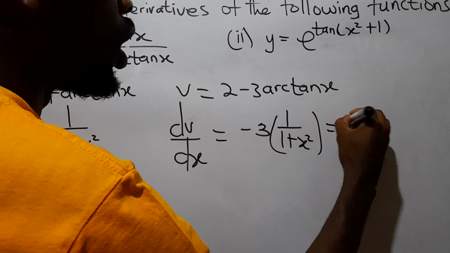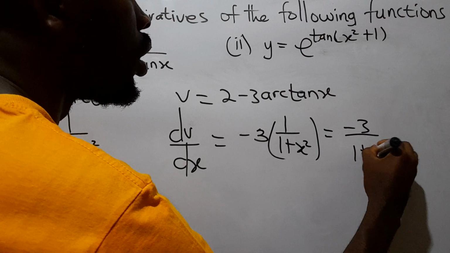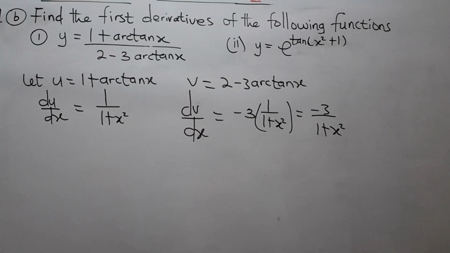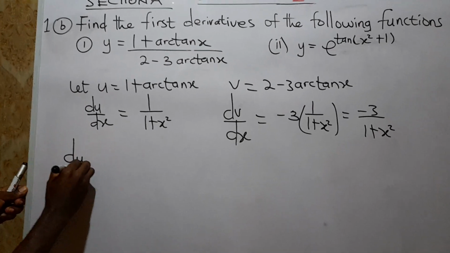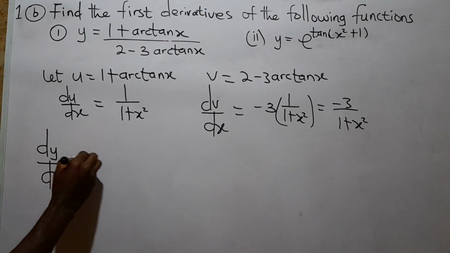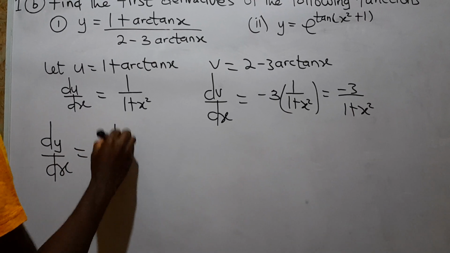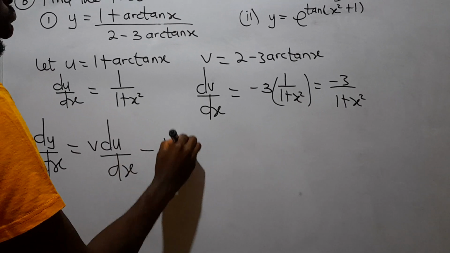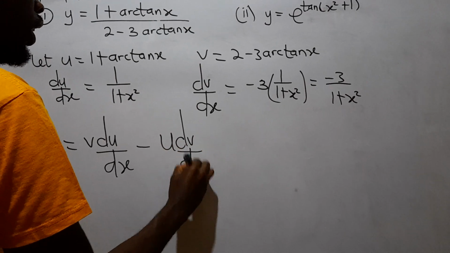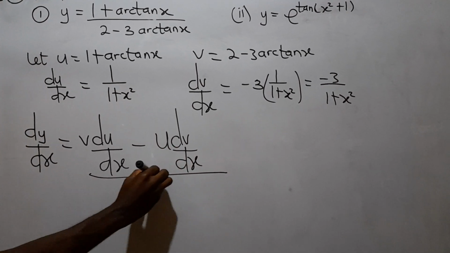When we polish this, we get negative 3 over 1 plus x squared. So from the quotient rule, our dy over dx will be equal to v du over dx minus u dv over dx, all over v squared.